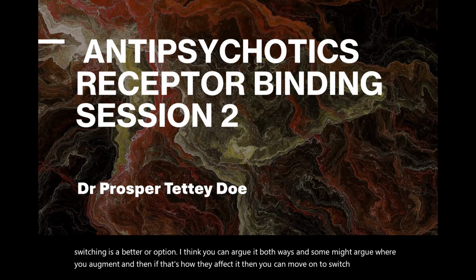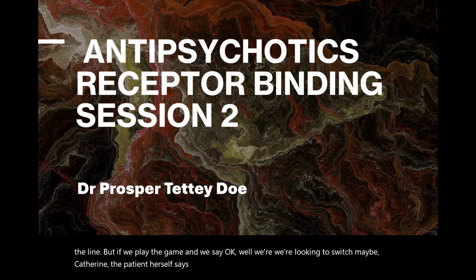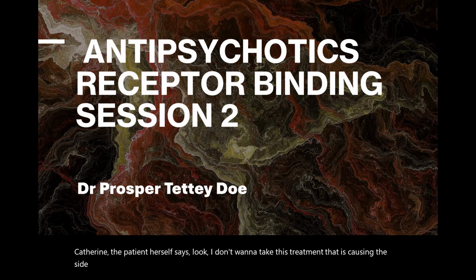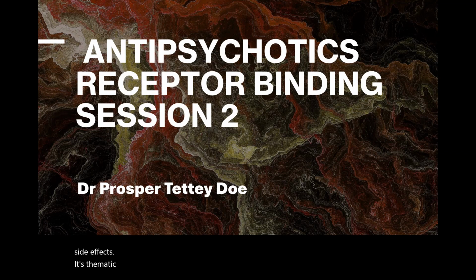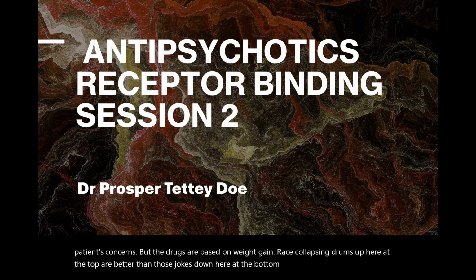But if we play the game and we say, okay, we're looking to switch, maybe Catherine, the patient herself, says, look, I don't want to take this treatment that is causing these side effects. Then Cymatic tells us, based on the available randomized control data and the patient's concerns, that the drugs up here at the top are better on weight gain and raised prolactin than those drugs down here at the bottom: aripiprazole, ziprasidone, cariprazine, brexpiprazole, and olanzapine.